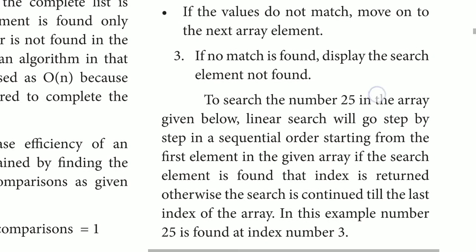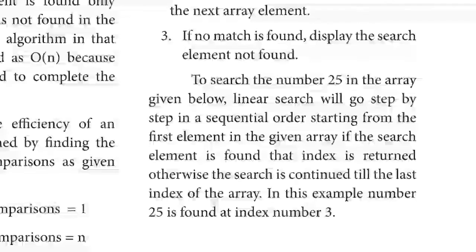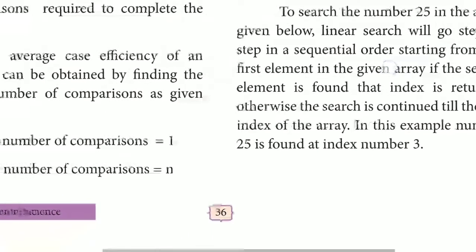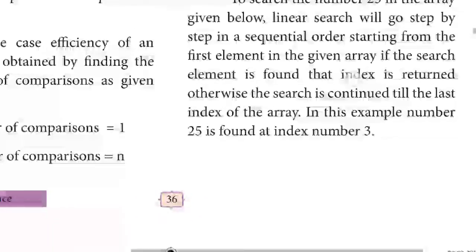If the search element is found, it will return the index value. Otherwise, the search continues till the last index of the array. In this example, number 25 is found at index number 3.